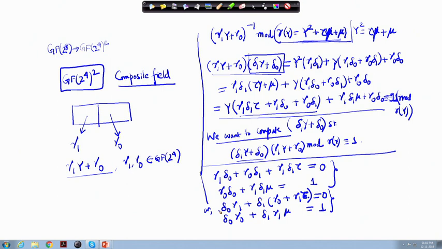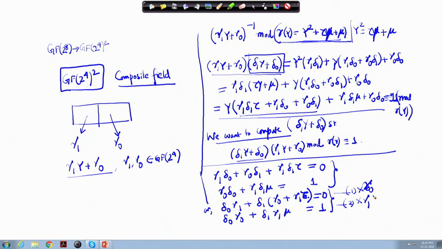We just apply a simple technique, where I just multiply these equations. There are two equations here, 1 and 2. I want to eliminate delta 0, so I multiply equation 1 by gamma 0, and I multiply equation 2 by gamma 1. Okay.